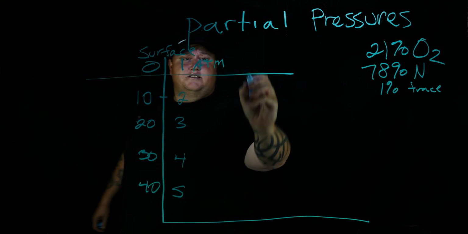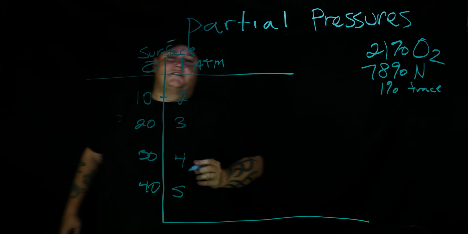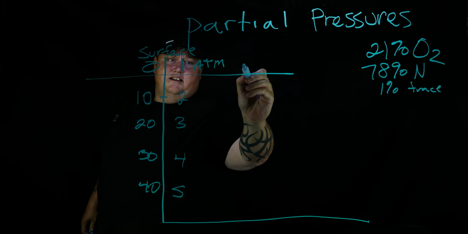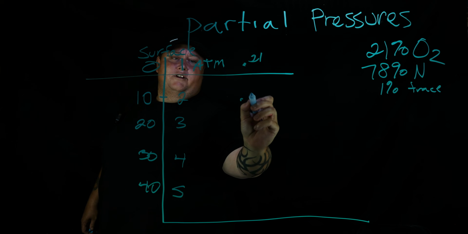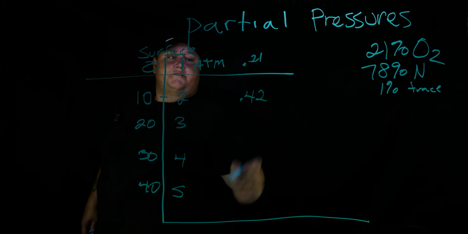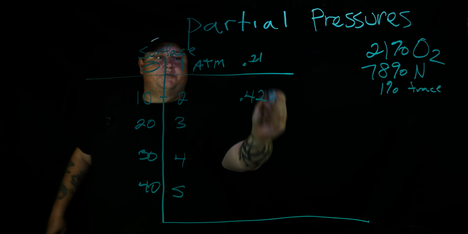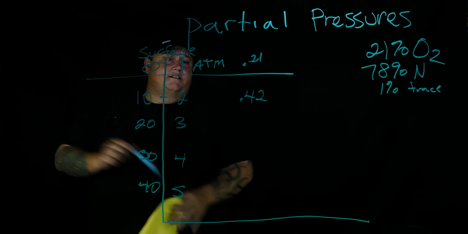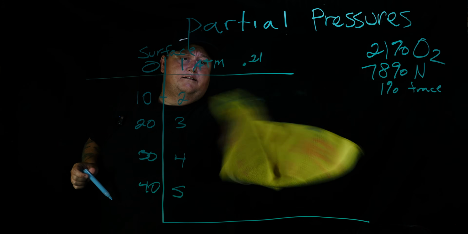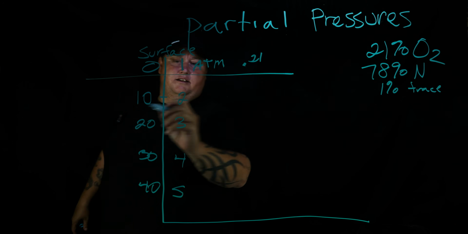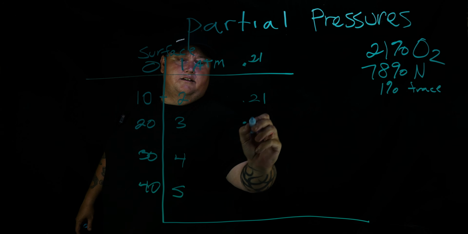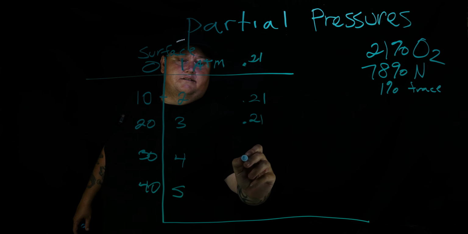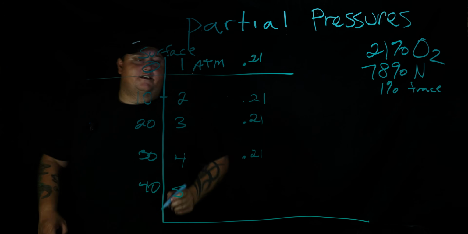And it would be the same. So we convert 21% into a fraction of gas. That'd be 0.21 here on the surface, 0.42, and so on. If you want to simplify it, you could just add them up. At 10 meters, another 21. 20 meters, another 21. 30 meters, another 21. Okay?